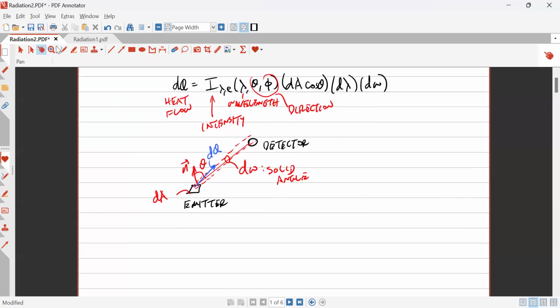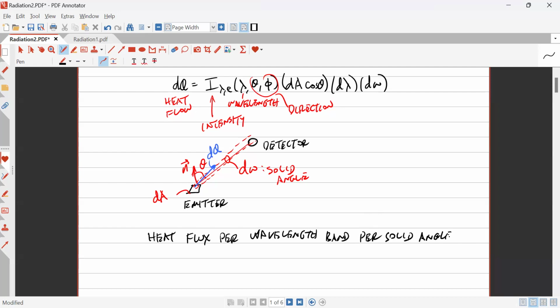So now what we're going to do is play with this a little bit, in that we're going to describe the heat flux per wavelength band per solid angle. So essentially what we're going to do is say the heat flux we know is dq over dA, right?